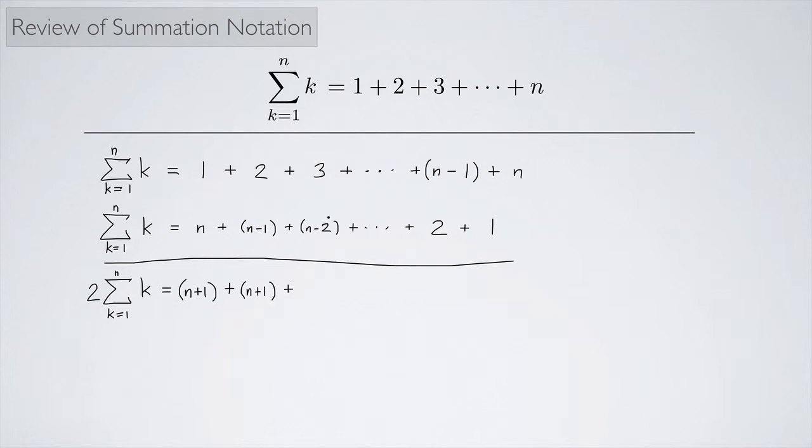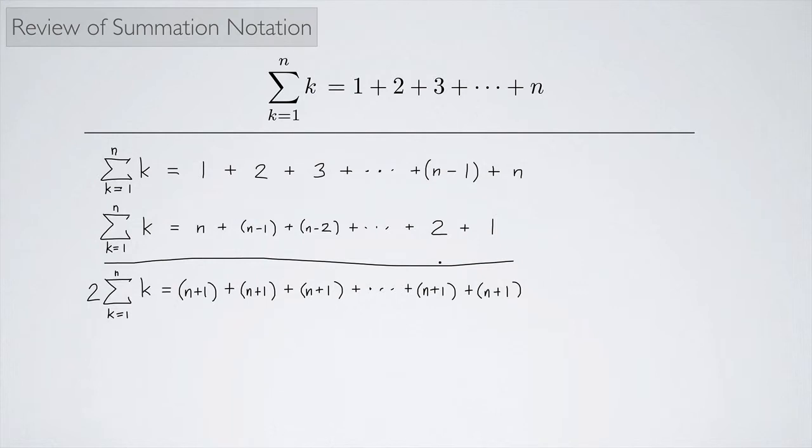And then I would get n minus 2 plus 3. That's also n plus 1. And if you think about it, all of the terms are going to be n plus 1. So even if we look at the last ones here, we have 2 plus n minus 1, that's n plus 1. And of course, n plus 1, yep, that's n plus 1.